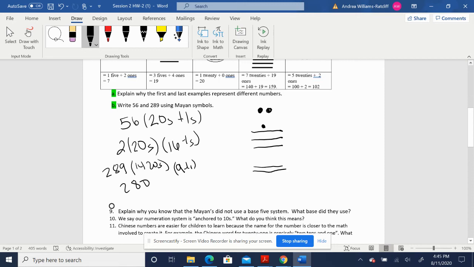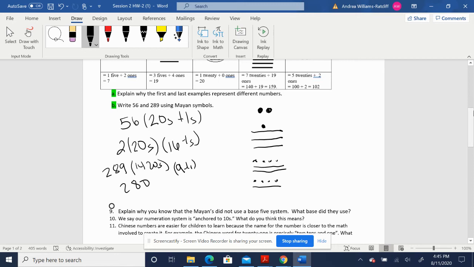So 1, 2, 2, 3, 4. So there's my 14 20s. And now I need 9 1s. So a 5 and 1, 2, 3, 4. So 9 1s. So here's my 9 1s. Here's my 14 20s, which gives me 289.